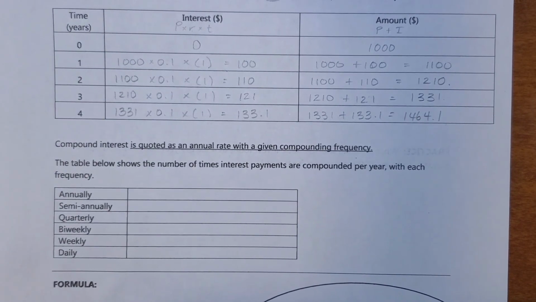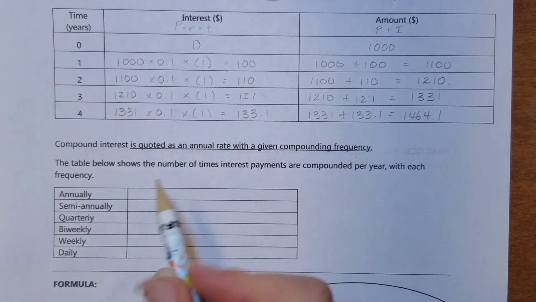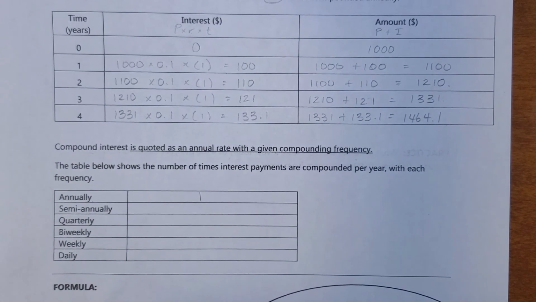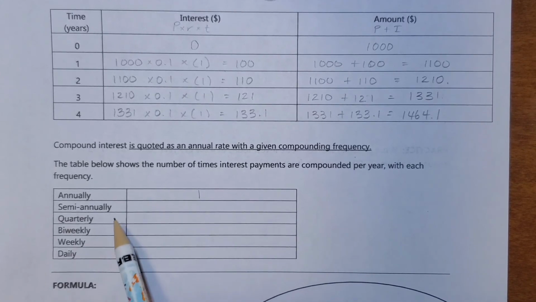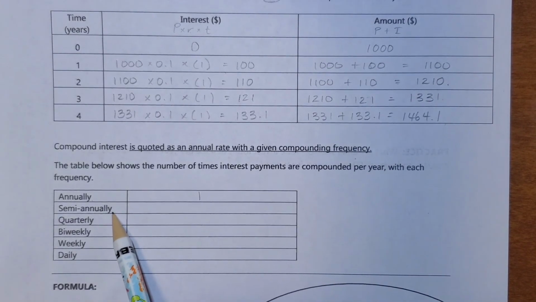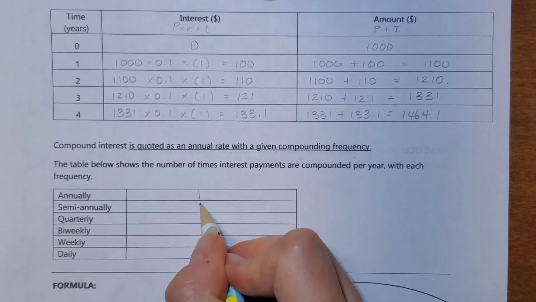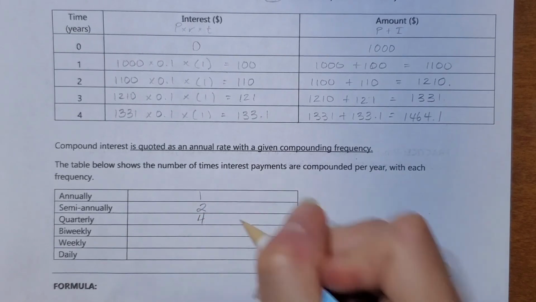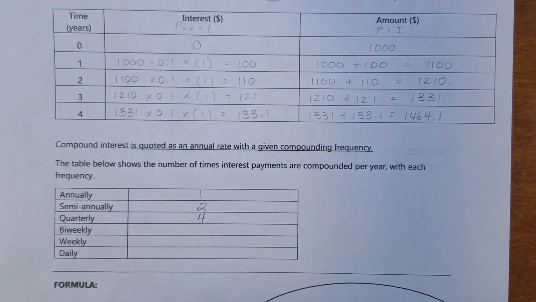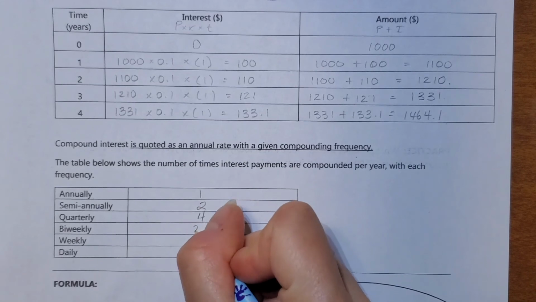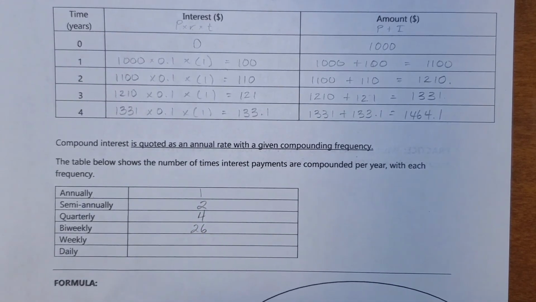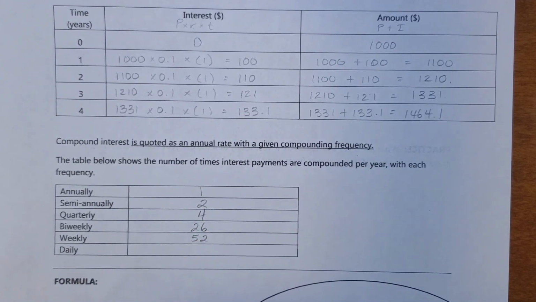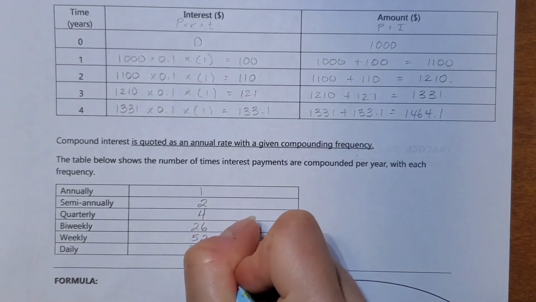If we are compounding annually, our interest just compounds one time a year. If interest payments compound semi-annually, that means interest is calculated twice. Quarterly is 4 times per year. Bi-weekly is 26 times a year. Weekly, 52 weeks. And daily is 365 days.